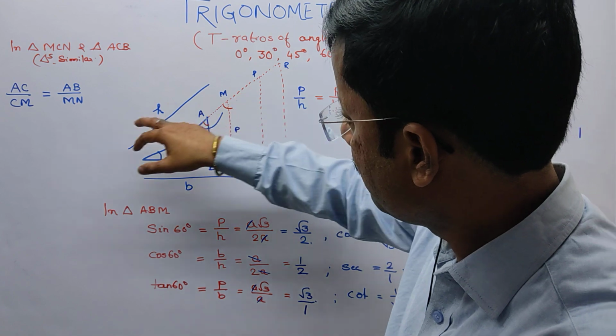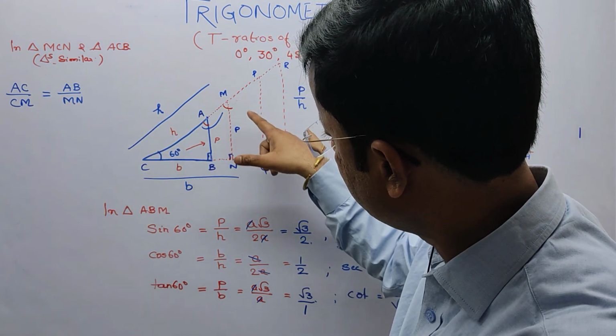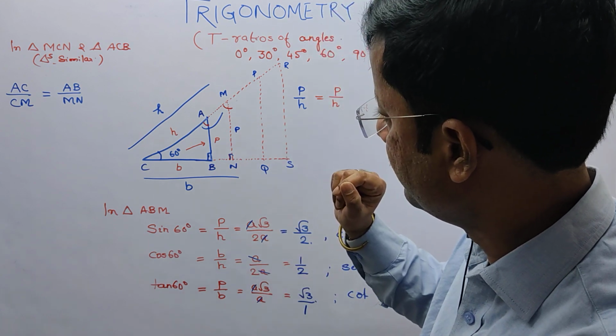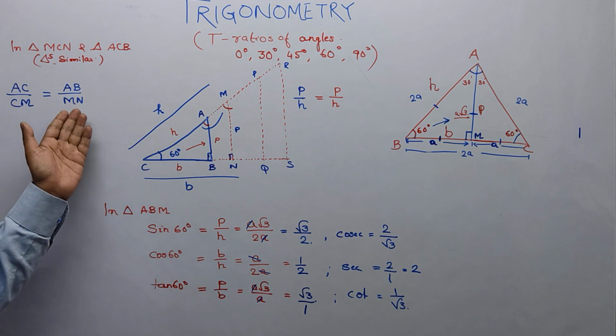Now the perpendicular of the smaller triangle is AB, and the perpendicular of the bigger triangle is MN. Why are we writing this? Now the question arises, why do we write this here?